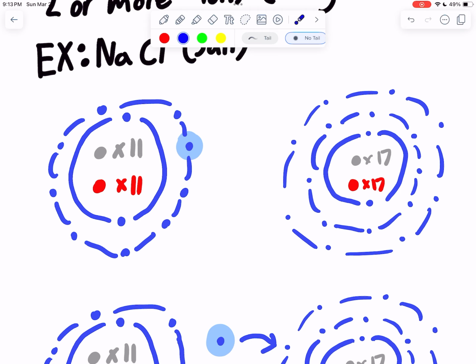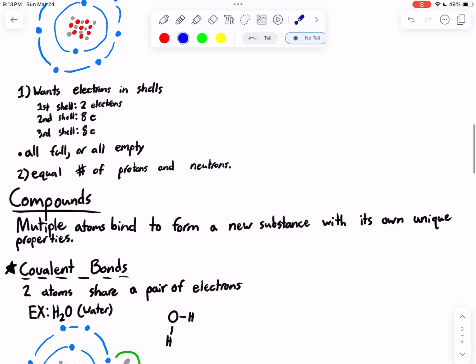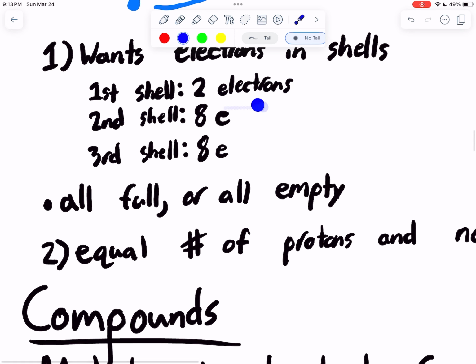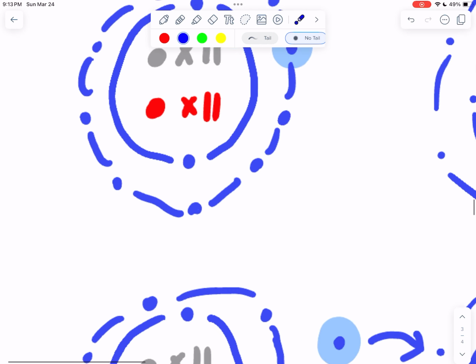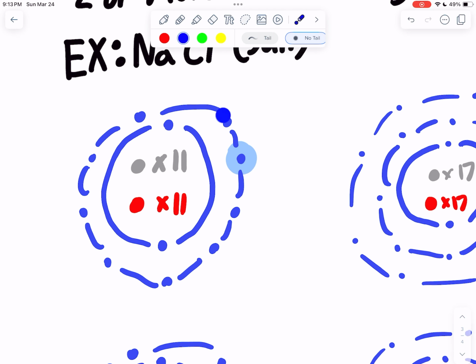But if we recall from up here, these atoms want to have complete shells of either 2 for the first one or 8 for all the next ones. Because it has 11 electrons, it wants to reduce down to 10 so that it has an inner ring of 2 and an outer ring of 8.